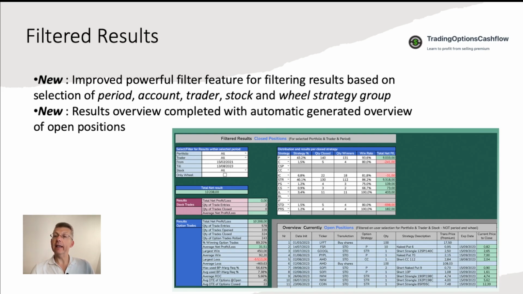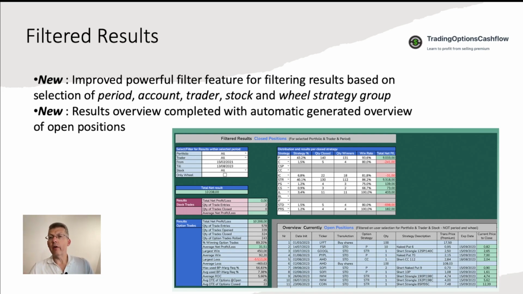You can indicate if you want to filter for specific trades that are to be considered as one whole Wheel Strategy for a specific stock. That is really a good improvement, and I like it very much. I use it every day.